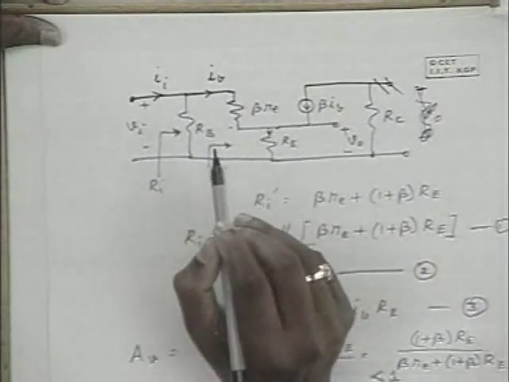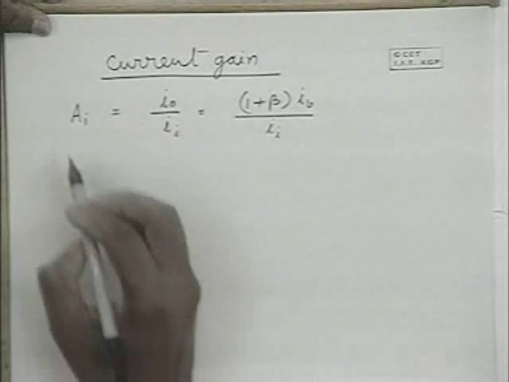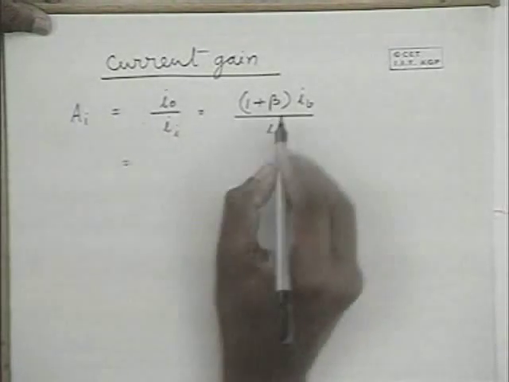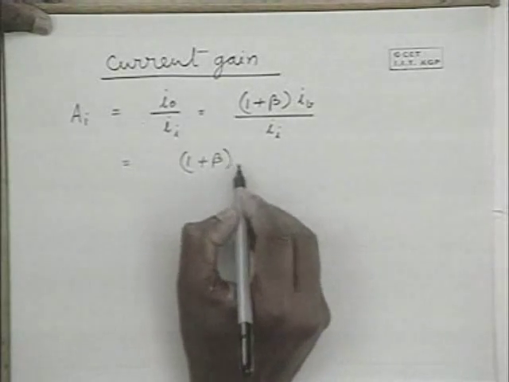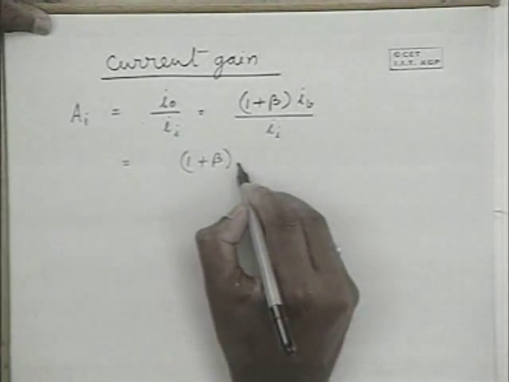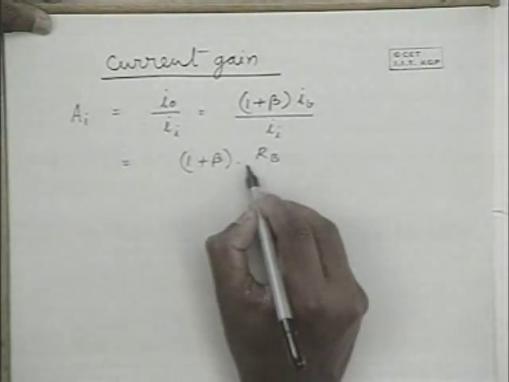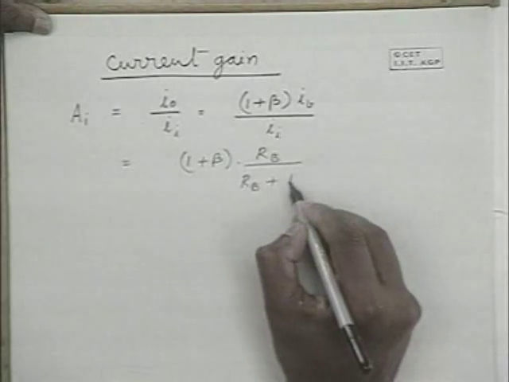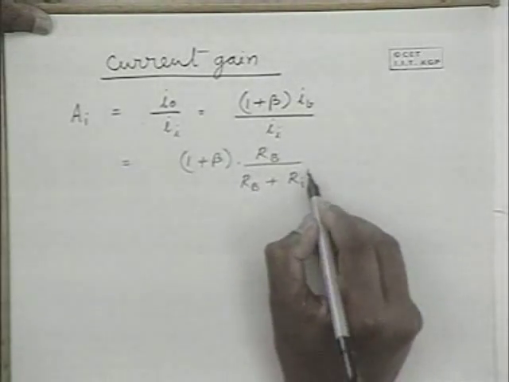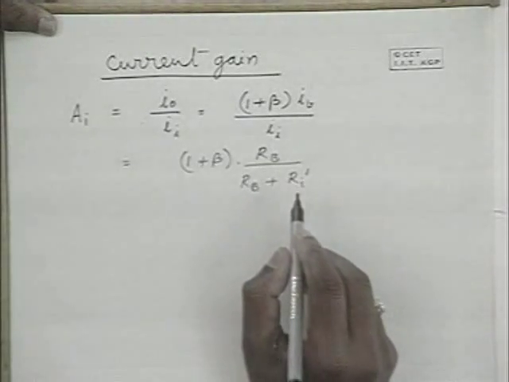By substituting this expression in the current gain expression, we can get the current gain as 1 plus beta multiplied by Rb by Rb plus Ri dash, where Ri dash is beta Re plus 1 plus beta into R capital E.